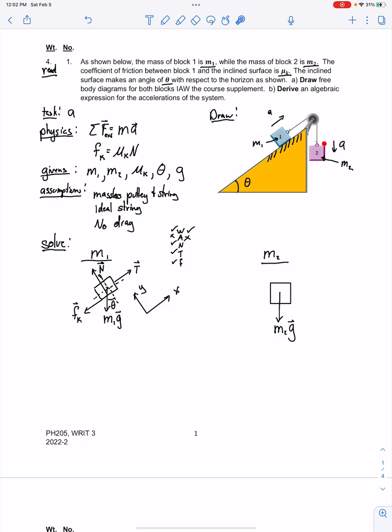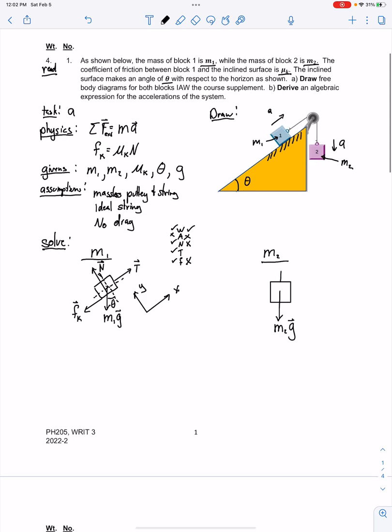And for block 2, the only thing touching it is this rope. That is going to give us a tension force. I have no applied, no normal, no friction, I have a tension force, from the top going up like this. All right, so there's our tension force. Awesome, and those are all of our forces.